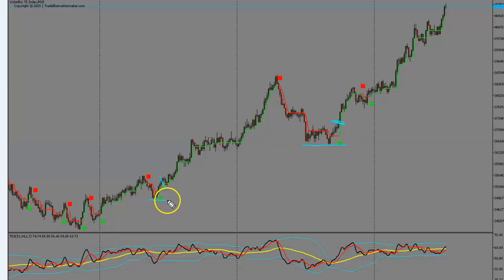Yeah, stop loss must be right here, so that you may be safe. Always, guys, your stop loss must be below or above your entry.